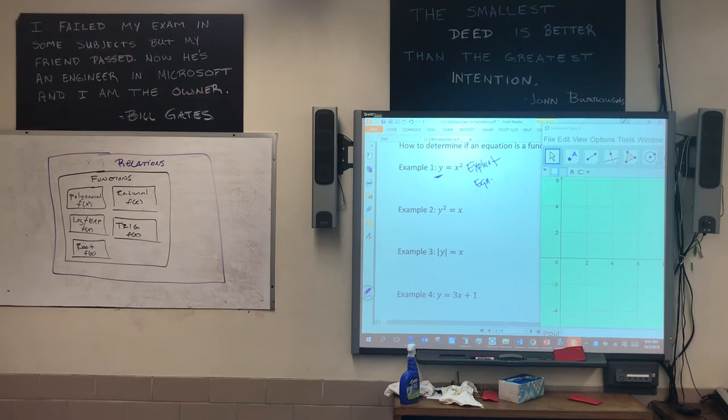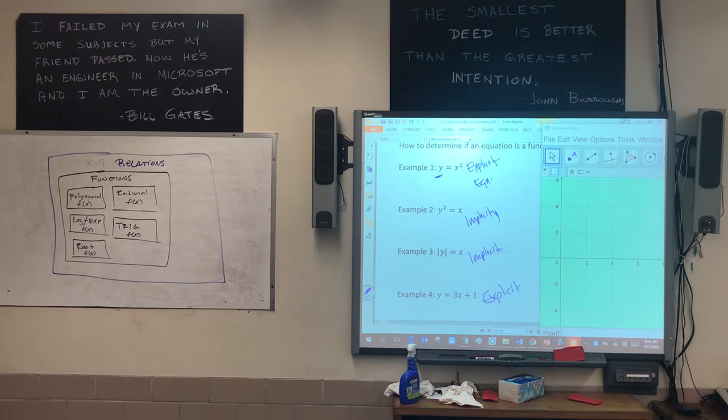I'm telling you straightforward what y is. There's no doubt. There's no question. This is implicit, meaning that I'm implying or I'm kind of hiding what y is. You got to do a little bit of work to find out what y is, right? That's implicit. This is implicit. This is explicit. Telling you exactly what y is.